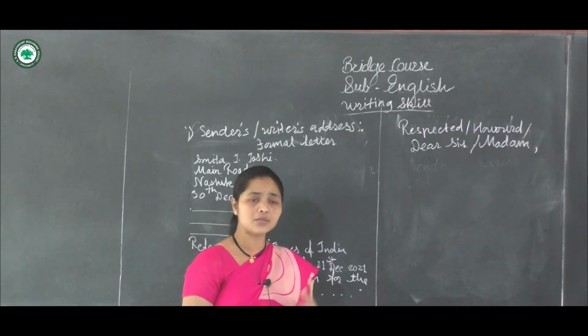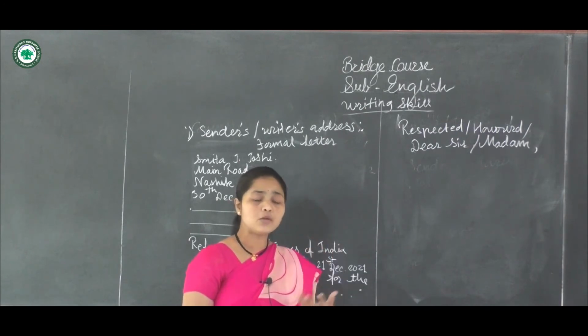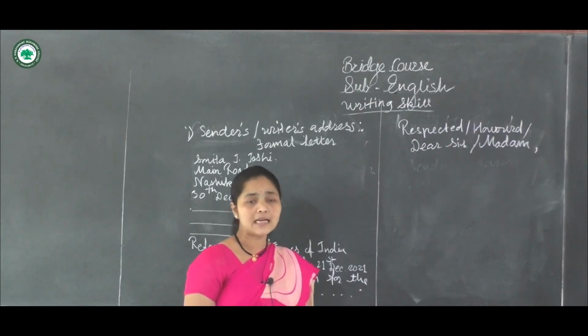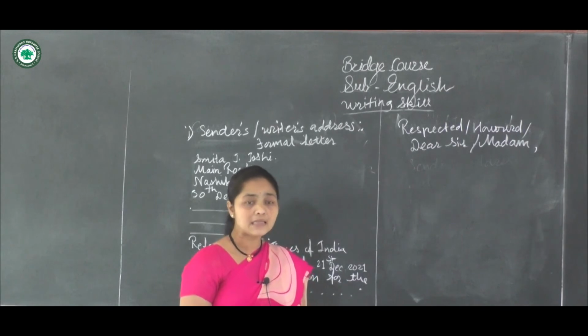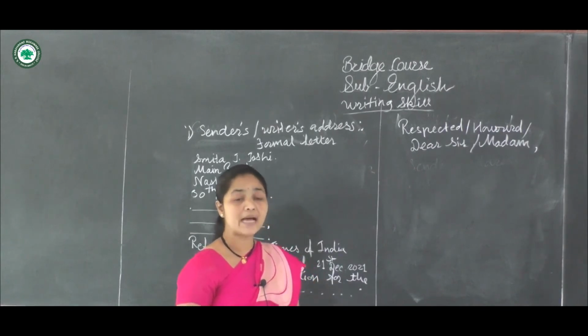If you write a letter to newspaper editors about the nuisance or irregular water supply or irregular electricity in your locality, you have to be careful about the subject matter, and you have to write at least 2 or 3 paragraphs.